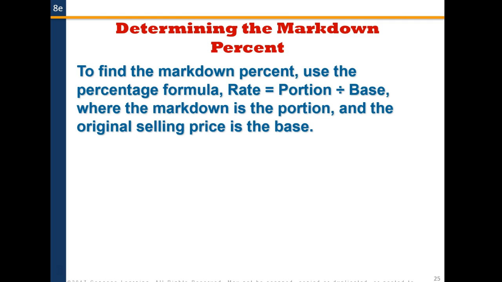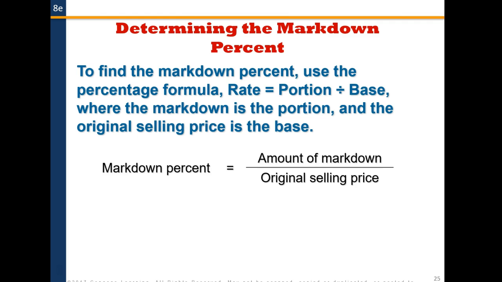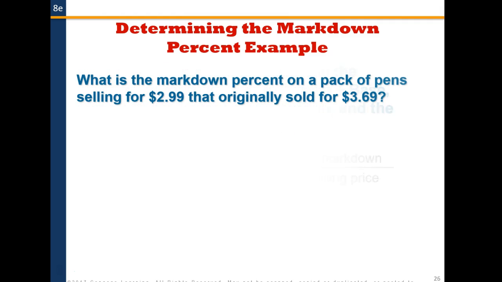Now we're going to look at finding the markdown percent. The markdown is the portion, the original selling price is the base. All we have to do is the amount of markdown divided by the original selling price. So when we look at this example, a pack of pens sells for $2.99, originally sold for $3.69.